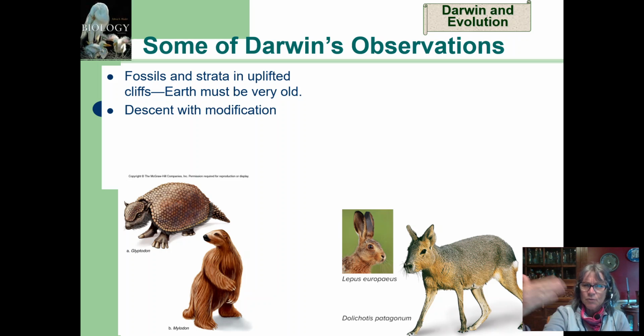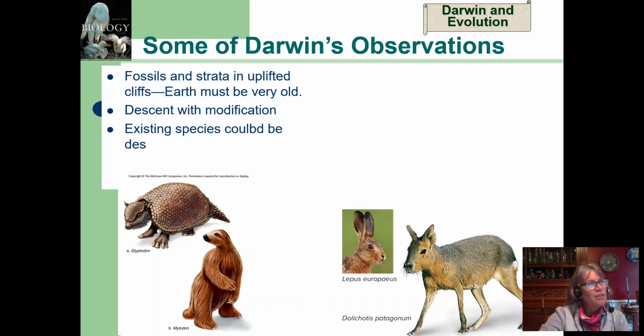He saw descent with modification, seeing different species over time in the fossil record that were similar but slightly different. This had not been thought possible, that species on Earth, and then found, oh, some are extinct, some we no longer have. And he thought existing species might be descended from extinct species.